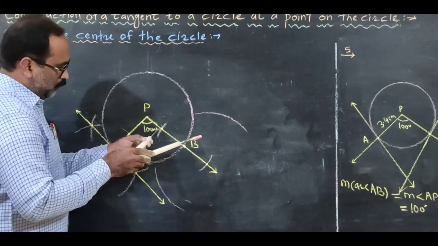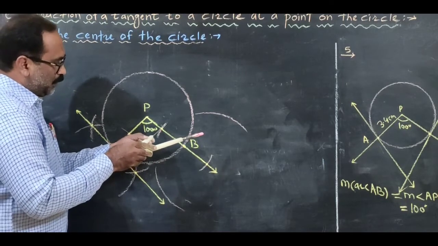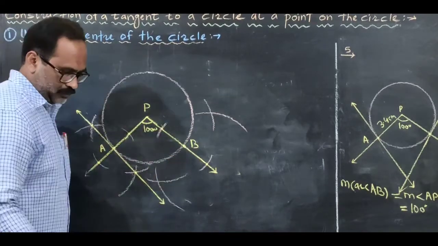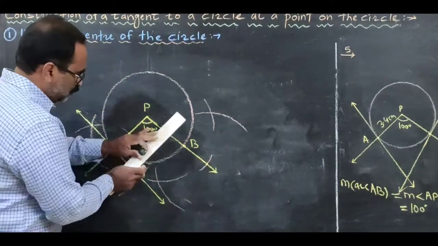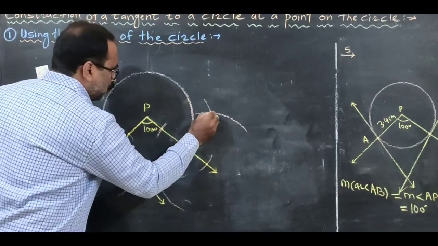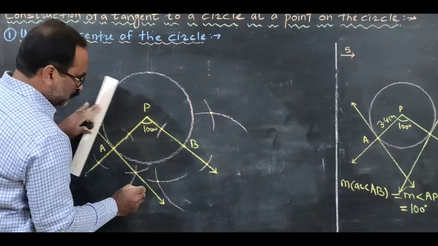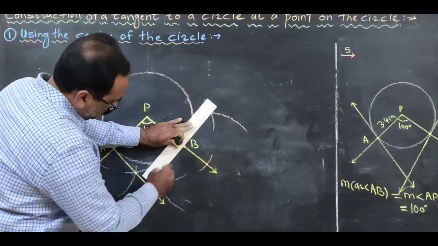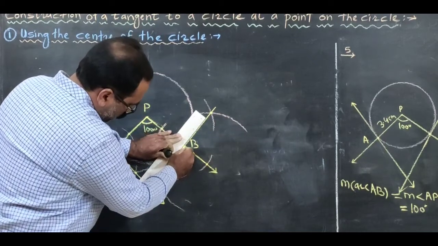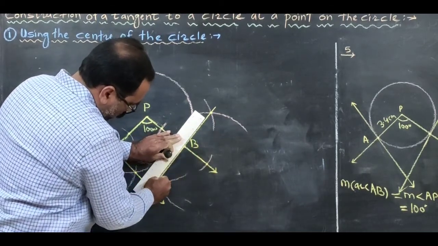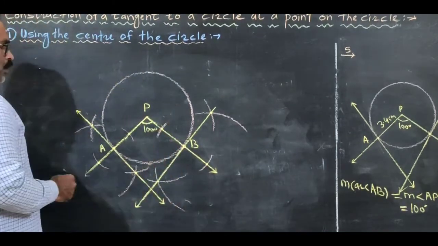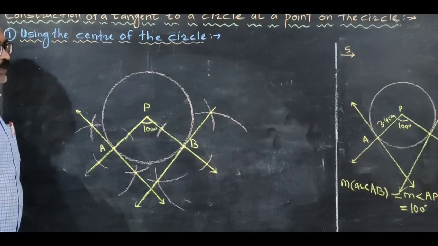Then we put the nib of our compass without changing distance at this point and we draw an arc intersecting the previous arc. Now here we complete question number 5.